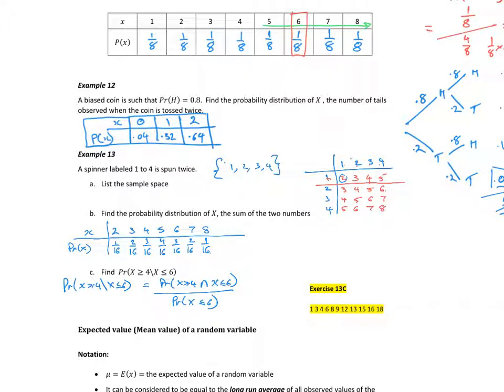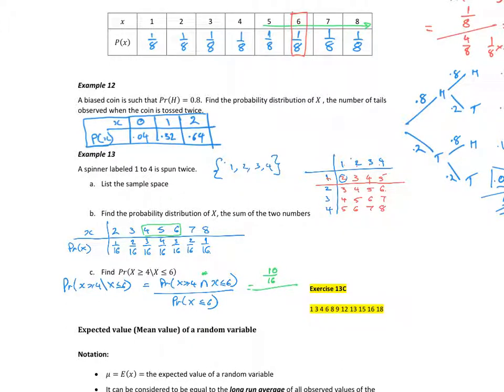So let's look at our table. We'll work with green. What's the probability of it being greater than or equal to 4 and less than or equal to 6? Those are three numbers, 4, 5, or 6. And what's the probability of getting a 4, a 5, or a 6? 3/16 plus 4/16 plus 3/16, 10/16.